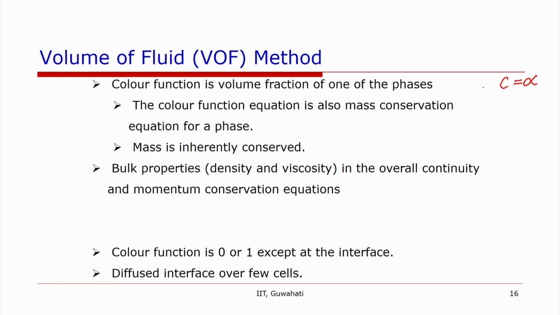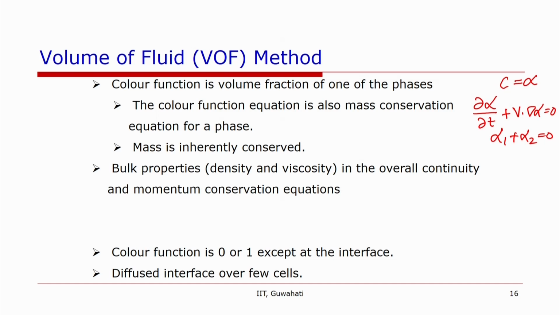So, the equation becomes del alpha over del t plus V dot del alpha is equal to 0, and if you look at this equation, what we get is the mass conservation of one of the phases, and alpha 1 plus alpha 2 is equal to 1. So, basically this gives the conservation of mass for each phase. So, the mass of each phase is inherently conserved, which is not the case for other methods.